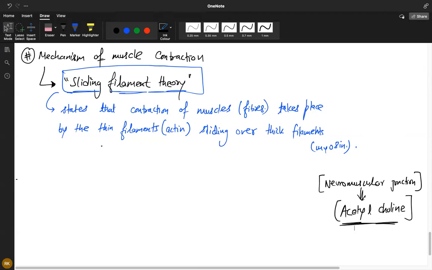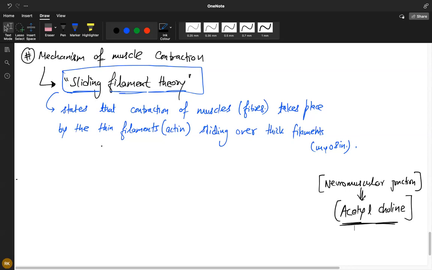Okay. And this will generate, write down next point, keep writing it as points. This neurotransmitter release will generate action potential in the sarcolemma. Again, I hope you remember action potentials.